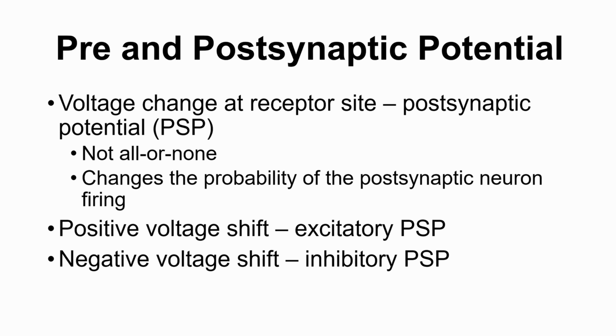So if you get a positive postsynaptic potential, positive PSP or excitatory PSP, that's causing an increase in the voltage, so that's getting us up closer to zero, and that's going to make the action potential more likely to occur. We can also have a negative voltage shift where we get more negative, and that would be inhibitory.